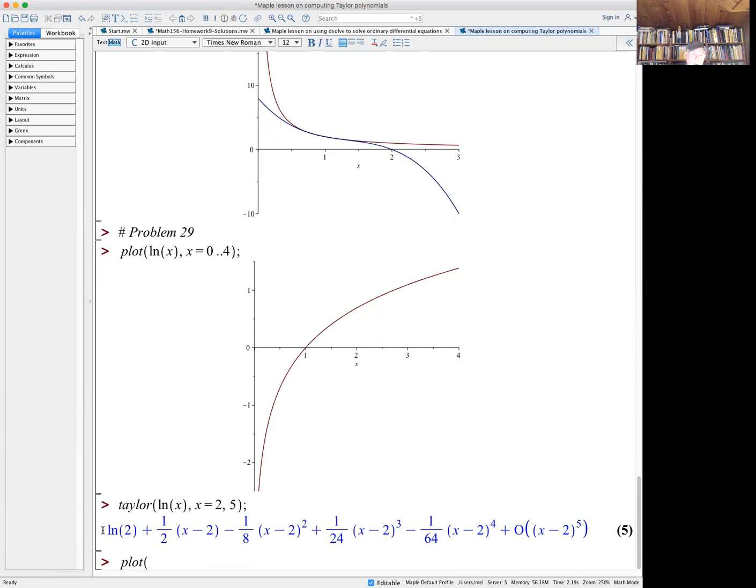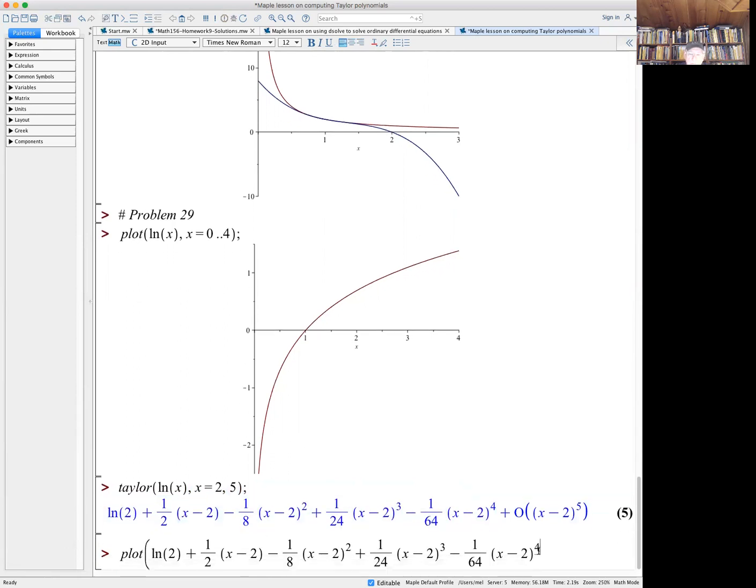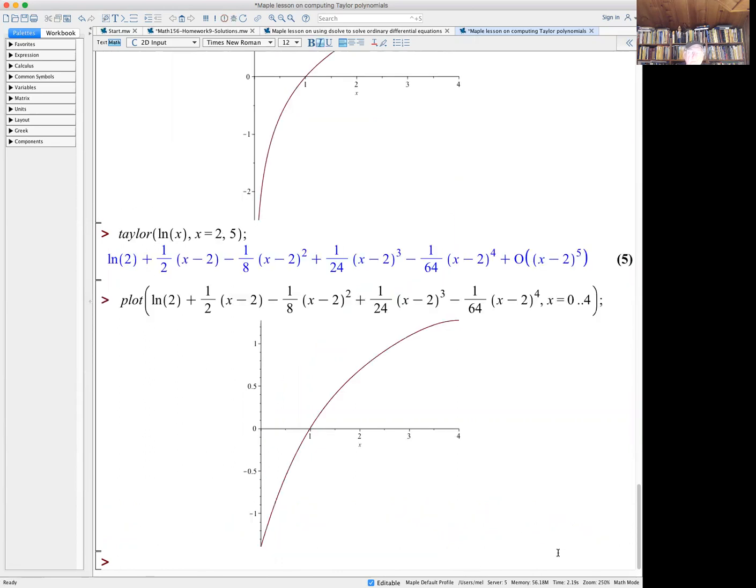Let me plot this polynomial. x going from 0 to 4. So this is the polynomial.